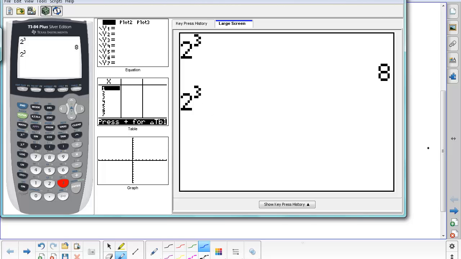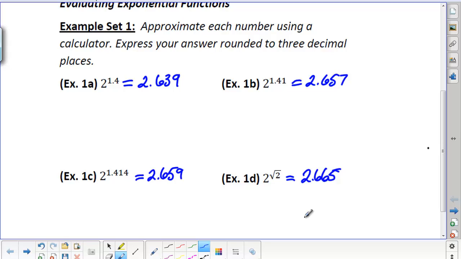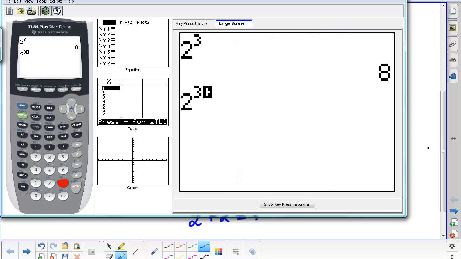We're looking at what is 2 cubed plus 2? You should get 10, right? Well, if you forget to jump down out of the exponent and just put plus 2, now that's not 10, it's 32, right? Because it did 3 plus 2 is 5, and 2 to the 5th is 32.